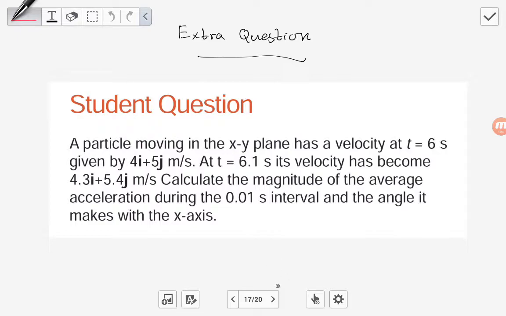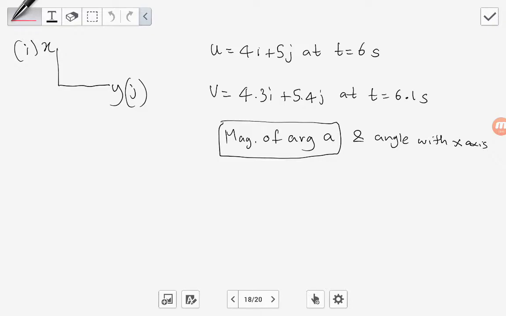This is an extra question. I'll give it some time. This is the same as what we did before. So this is what we know. These two are what we know: this at this time and this at this time. We have to find the magnitude of the average acceleration and the angle with the x-axis.